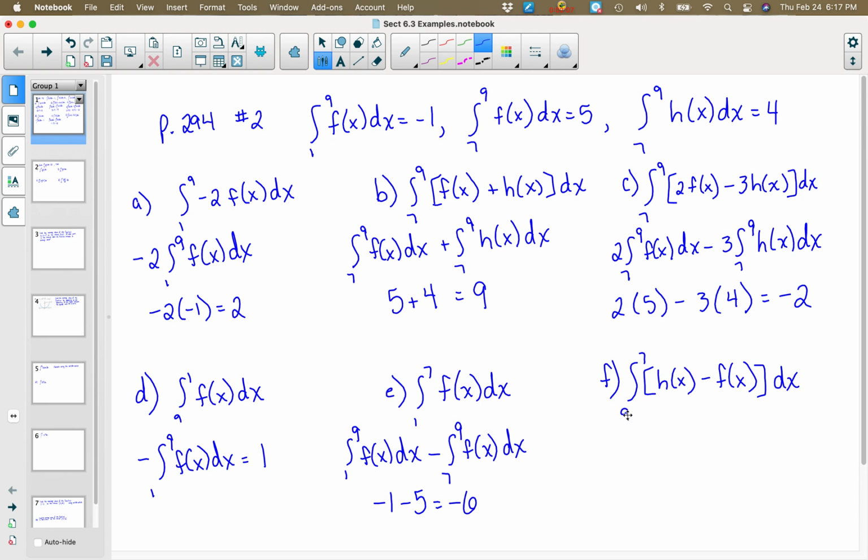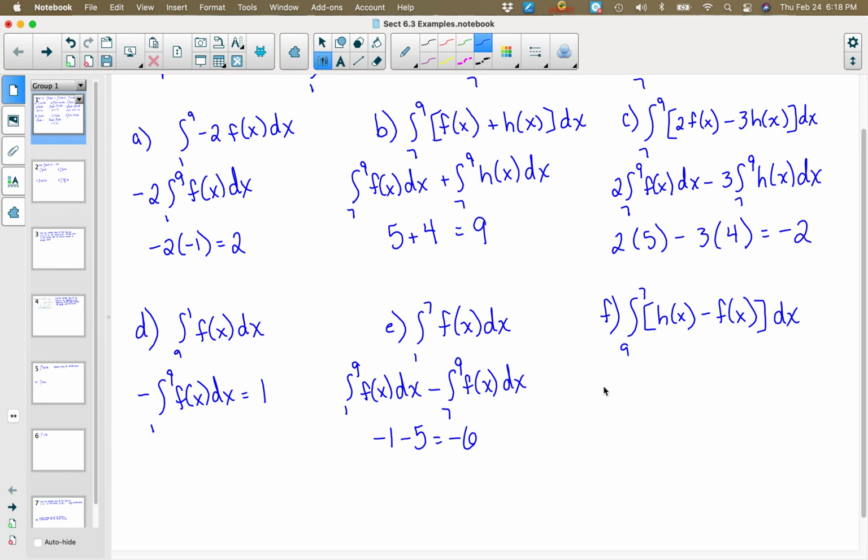Then on the last one, we have the integral from 9 to 7. Well, we know the integral from 7 to 9, so it looks like that has been reversed. So we're going to take this as the negative of the integral from 7 to 9 of h of x dx, and I want to subtract, and this is still from 9 to 7, so I'm going to have a double negative there, from 7 to 9 of f of x dx.